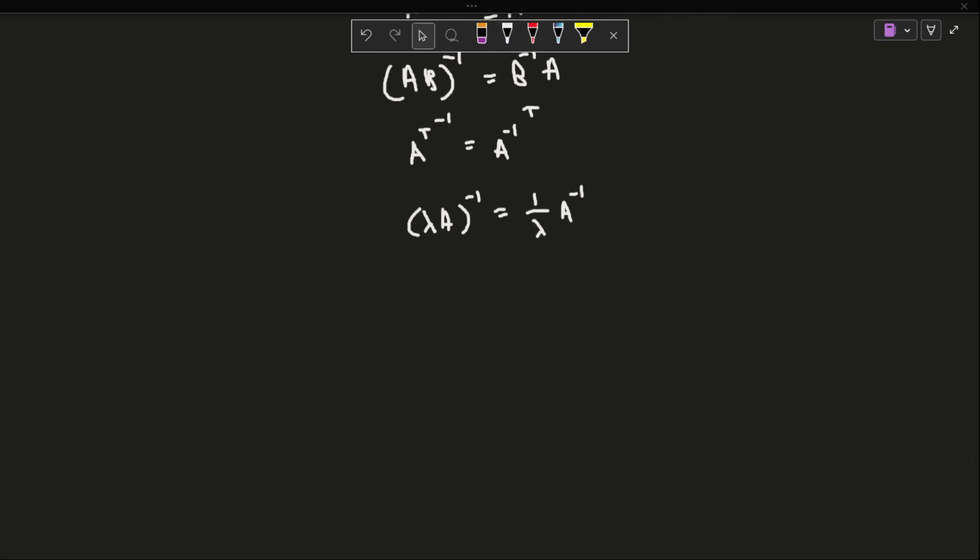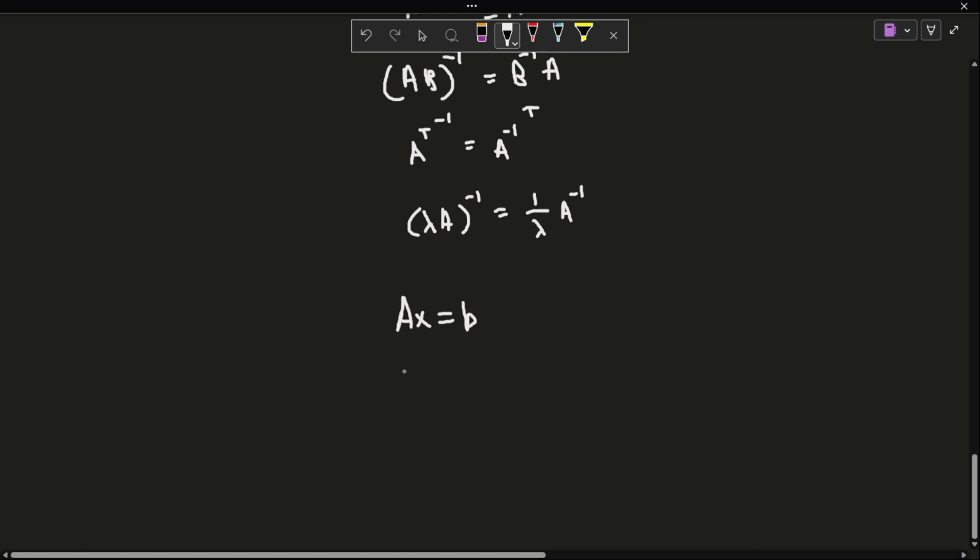One of the final properties that we'll go over is that if the matrix A is invertible in a system like AX equals B, then the system of equations defined by this matrix equation has only one solution.